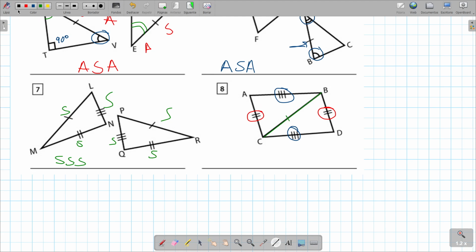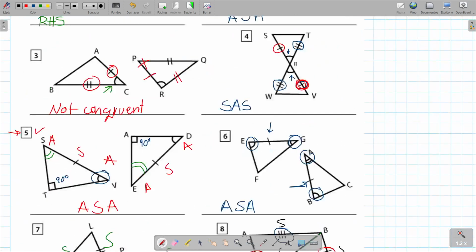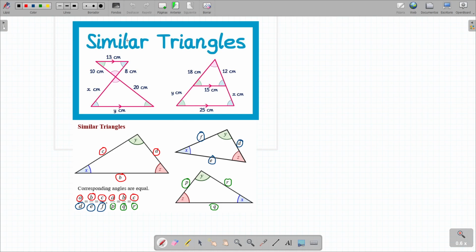Because we have the three sides the same, we can conclude that these two triangles are congruent. And we are finished. Now moving on, we are going to look at the next topic.